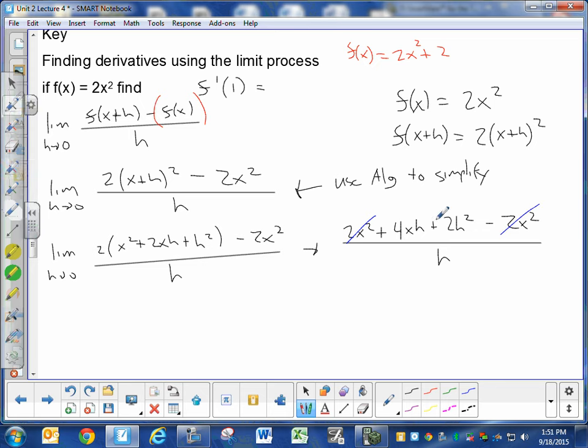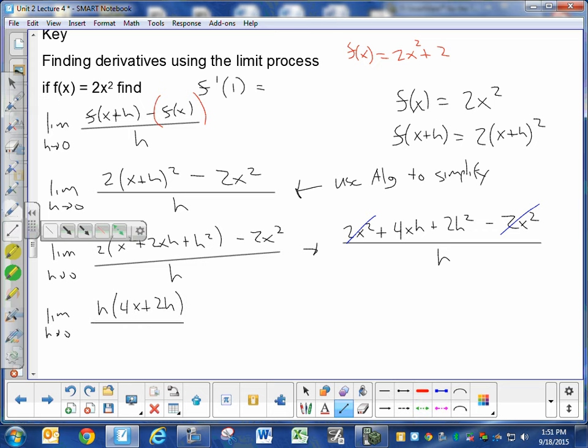I can then factor an h out of my numerator. So what is this limit equal to? What is it equal to? 4x plus 2h, but it's the limit as h approaches 0. What's the last step that we have to do? Plug in the 0 for the h. So we plug in the 0, and what we get is just 4x.